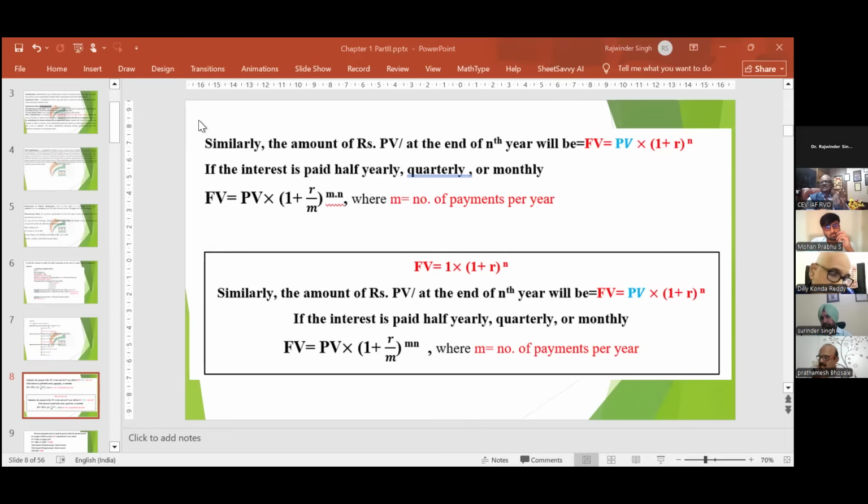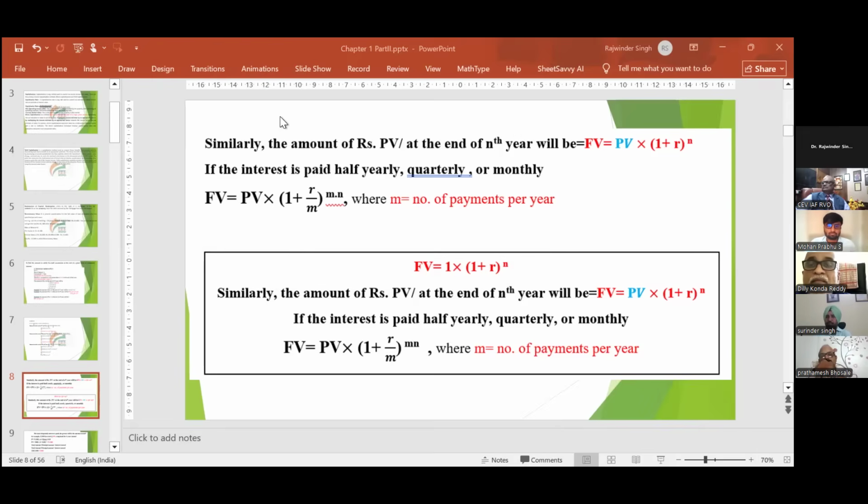It is nothing but the simple compound interest formula which we learned in 6th and 7th class. Principal into 1 plus R raised to the power N is equal to future value. Yes, sir. Please continue.